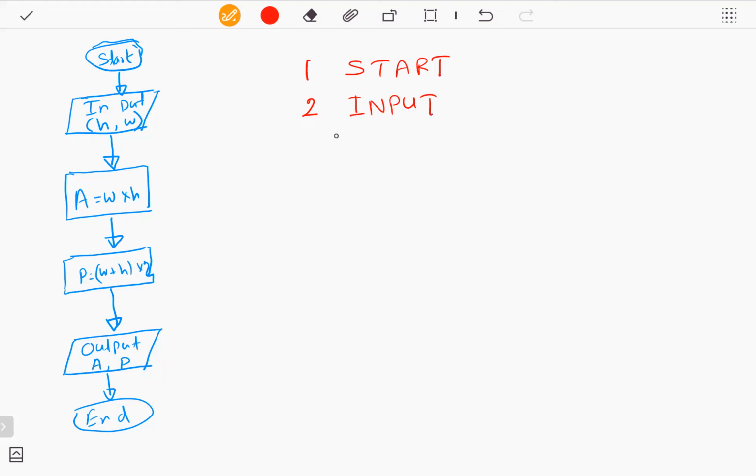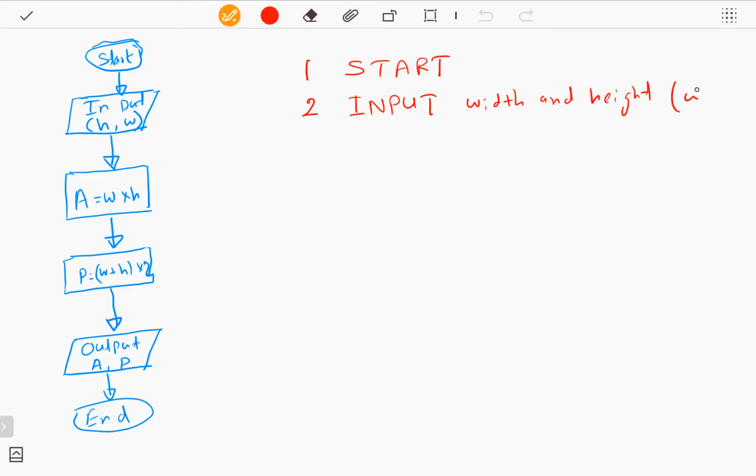Use capital letters to indicate the instruction part, INPUT. Then what are the inputs you are going to use here? Width and height. INPUT width and height. Right.